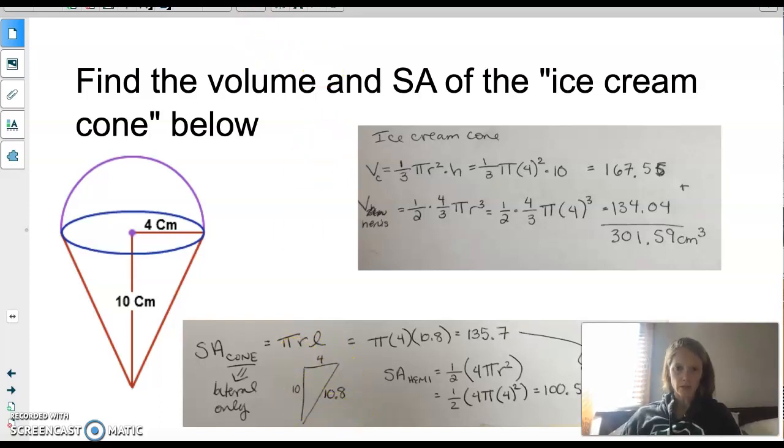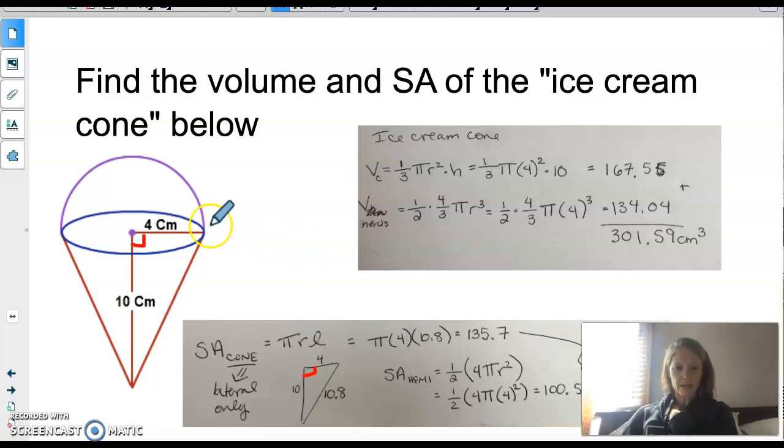Right in here, it's a right angle. This length, this distance there is 10.8 when I use the Pythagorean theorem. And so that's what's going in my surface area formula to find the lateral area of that cone.